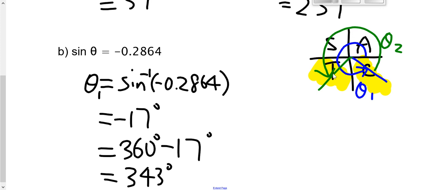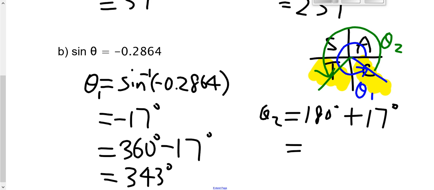So theta 2 is 180 degrees plus 17, and that gives you 197 degrees.